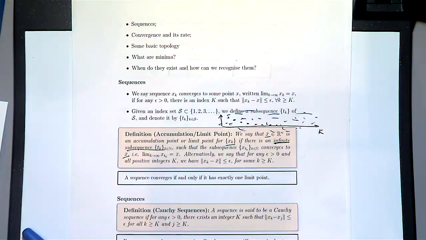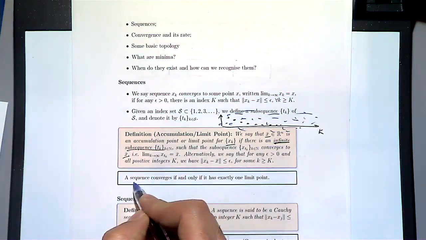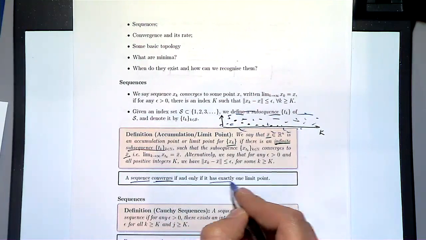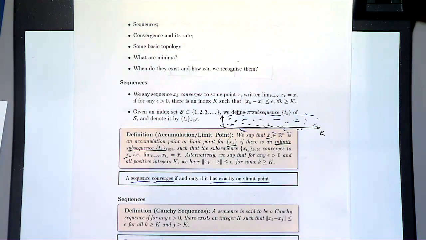We call a sequence converging if and only if it has exactly one limit point. What does if and only if mean? Bidirectional, so one implies the other.